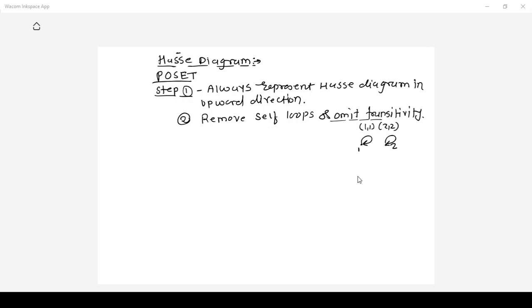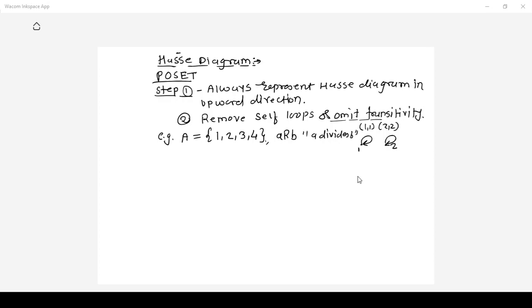Okay, so we'll try to understand this by an example. Suppose we have a set A which contains 4 elements 1, 2, 3, 4, and relation R is defined as a related to b if a divides b.